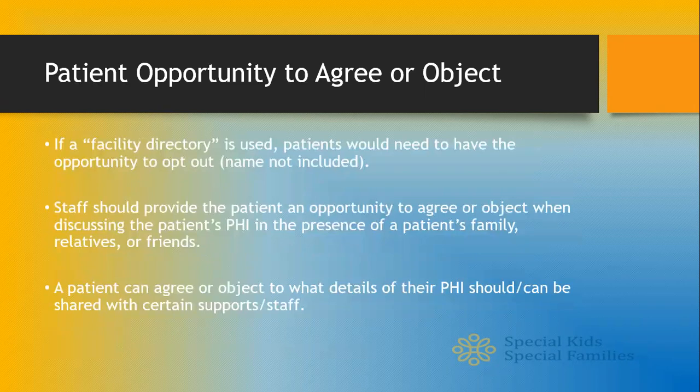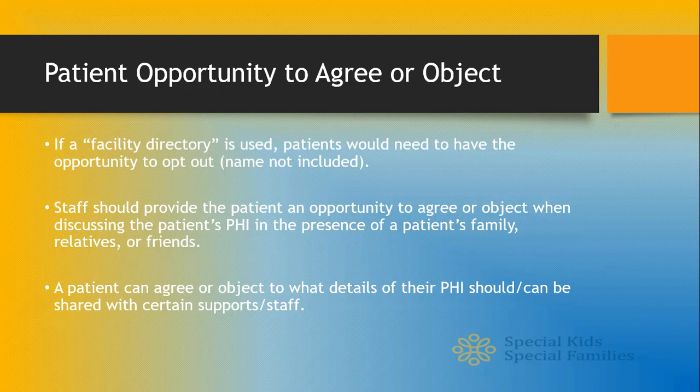So our patient has an opportunity to agree or object. If a facility directory is used, patients would need to have the opportunity to opt out, meaning that their name would not be included in that directory. Staff should provide the patient an opportunity to agree or object when discussing the patient's PHI in the presence of a patient's family, relatives, or friends.